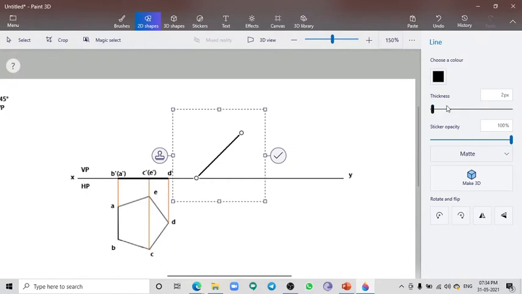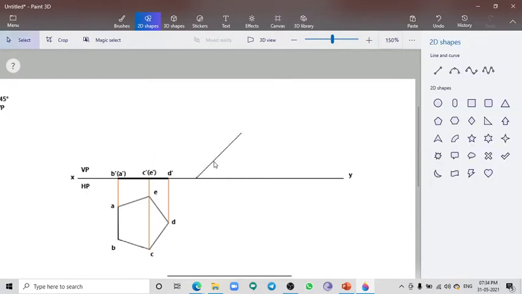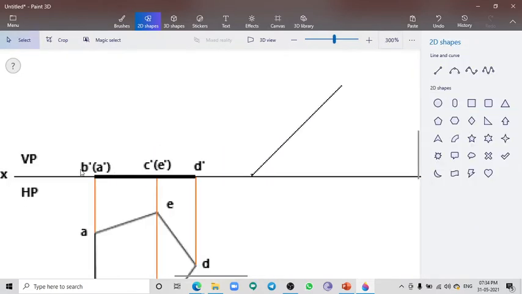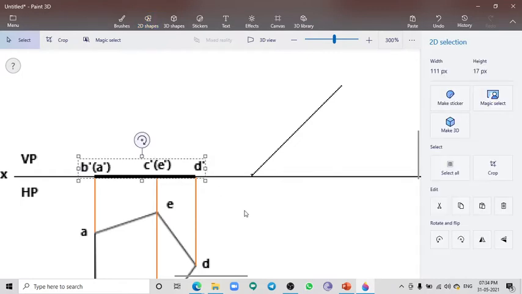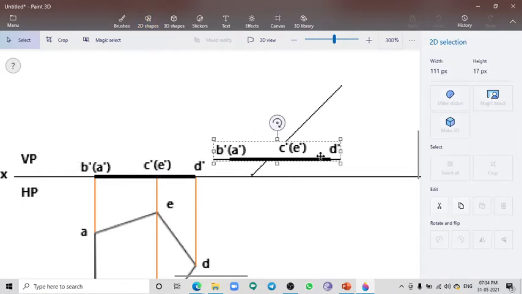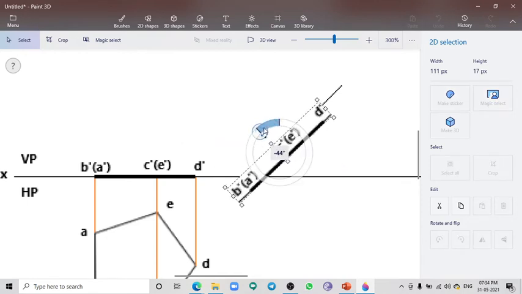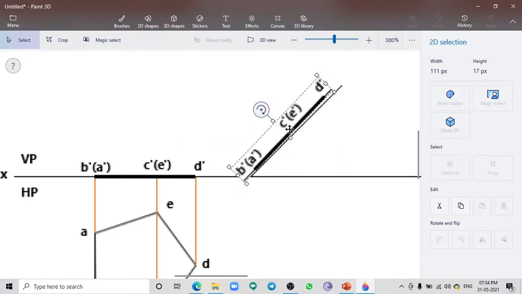So the angle of this line should be 45. Then I am going to make this front view lie on the 45-degree line. This front view line, I am going to incline it to the angle drawn here.